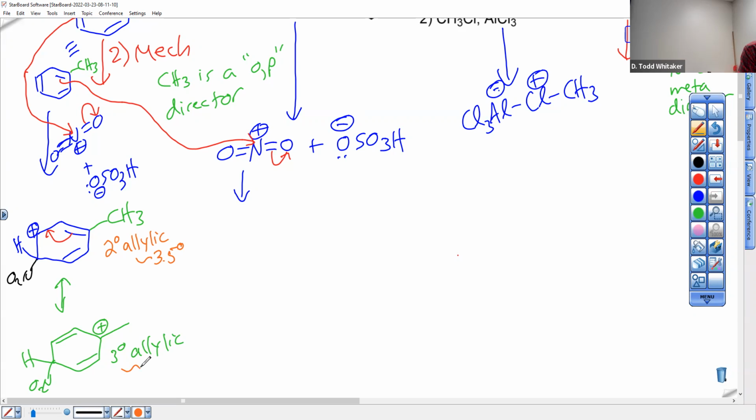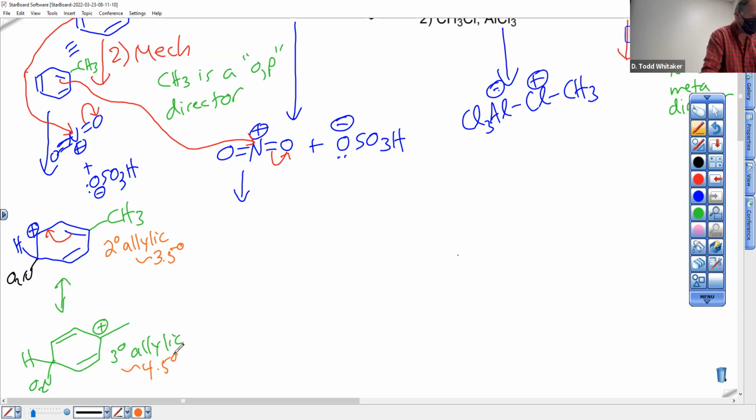I need a number. 4.5 degrees. That is an exceptionally stable carbocation. So if you can put the group para, one of the resonance forms has an exceptionally stable cation, and that's why you would like to put the group para. Okay?